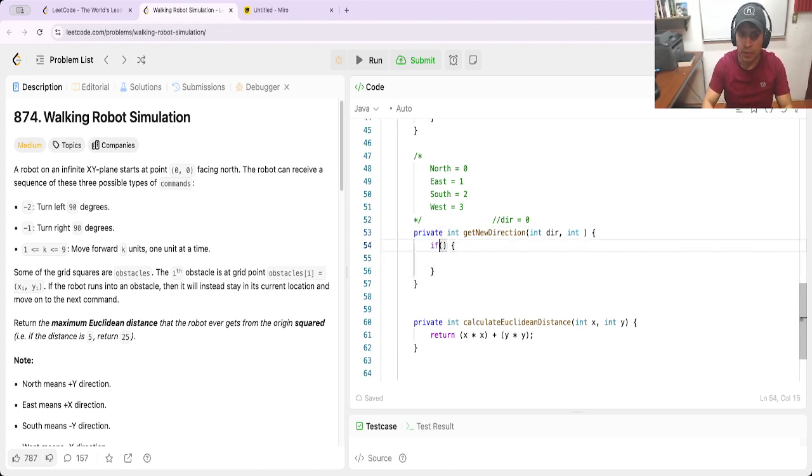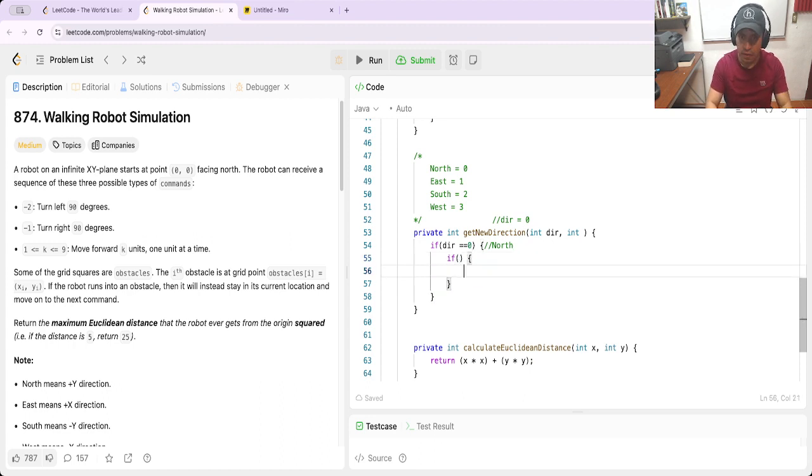For example, if the first is north, you are looking to the north, and if dir is equal to 0, okay, it's here. Now let me update it as n here, and n is equal to less 1.